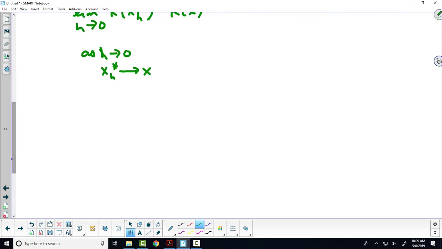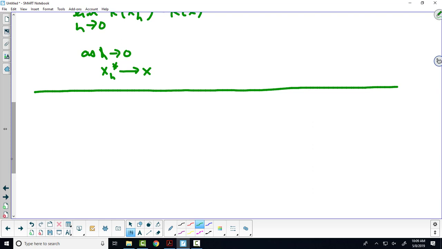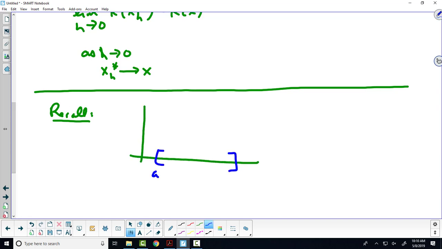The next thing I want to do, I have one more thing to remind you of before we actually do the proof. We had this idea right here. If I have a function on [a, b], and maybe here's my function, and it behaves, I don't know, maybe something like that, then this function has a max on this interval.